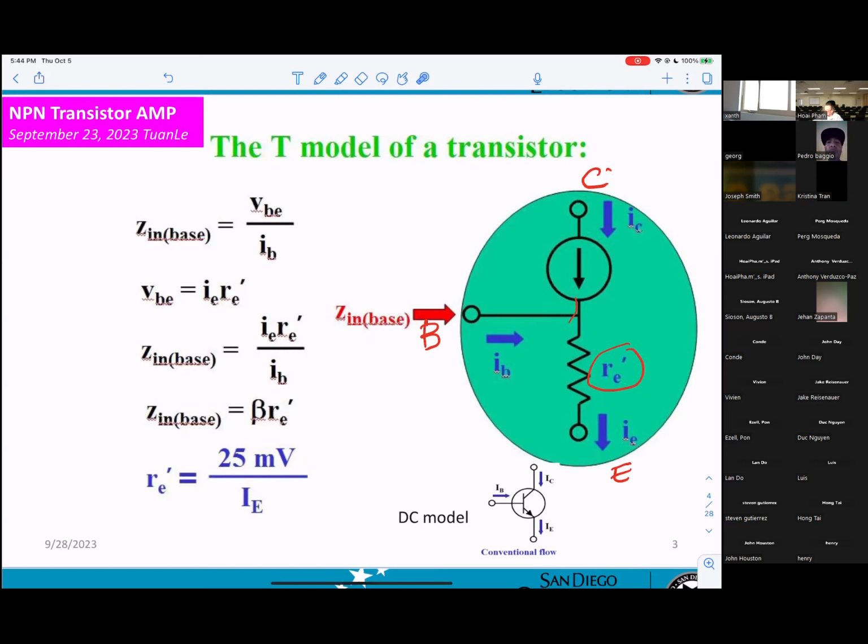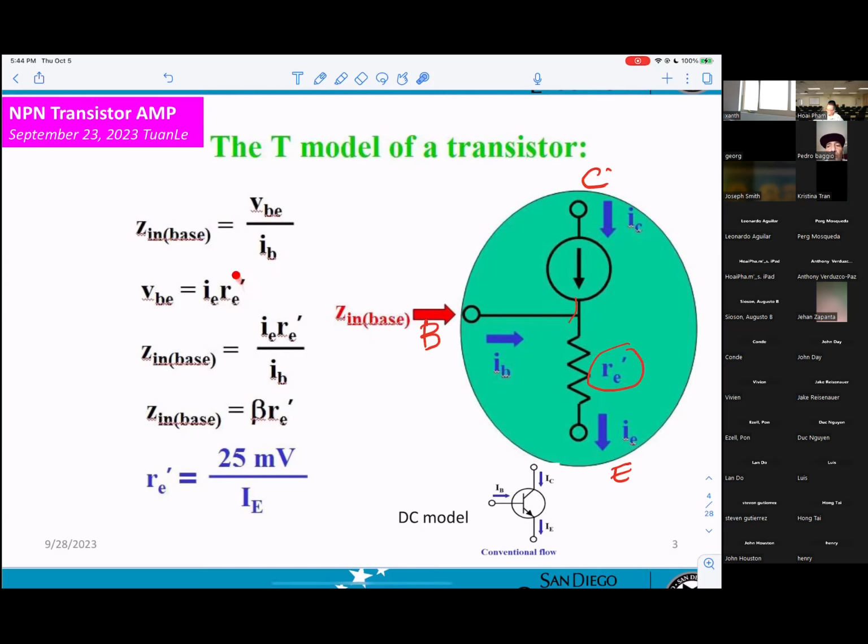If you want to see the V from the base to the emitter, that means you want to know the voltage V_be. You take the current IE. This is the IE times r'e.